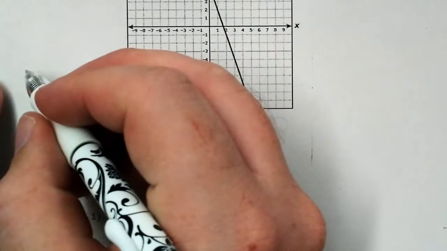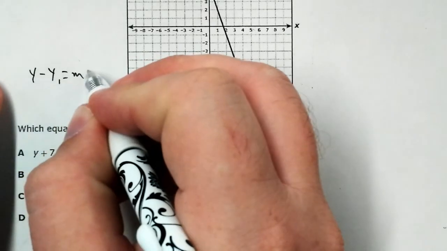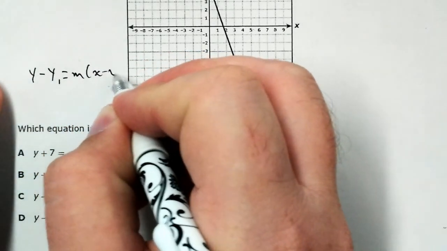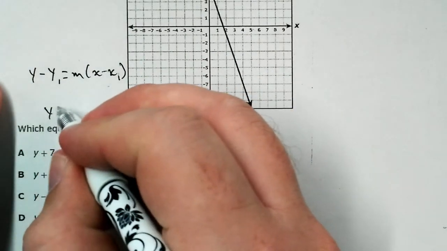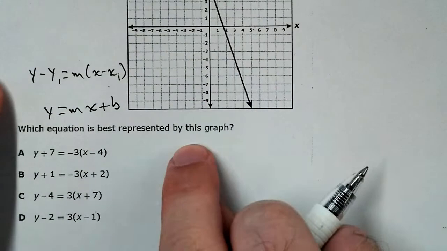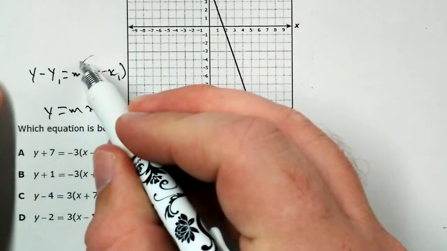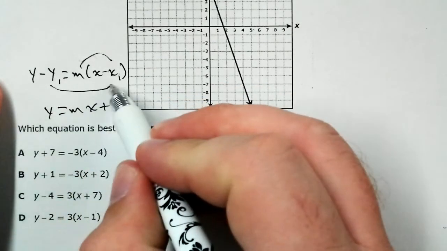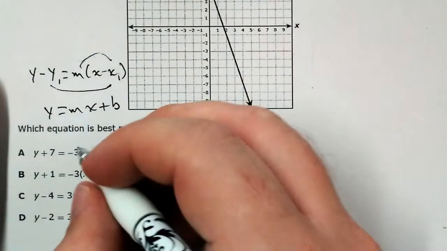So this is point-slope, y minus y1 equals m times x minus x1, and we want to change it into y equals mx plus b. So what we do, we're going to multiply the slope out, distribute, and then we'll move this value to the other side. So that's what I'm going to do each time.